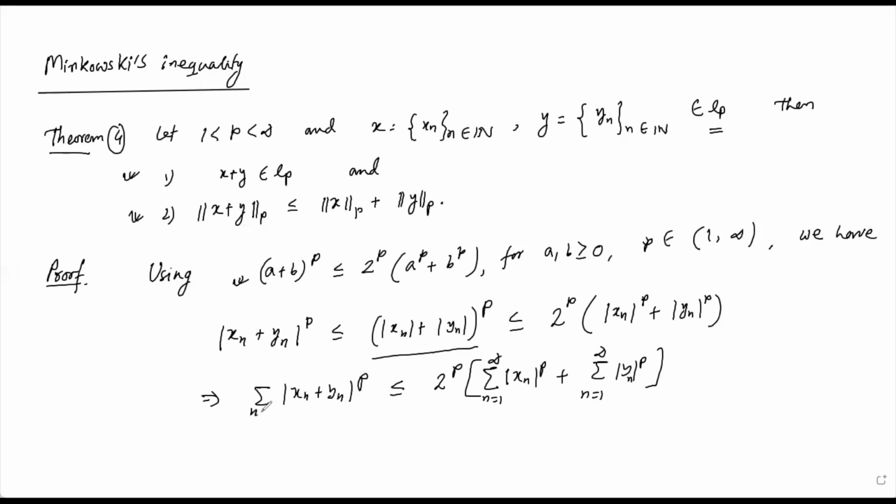The right-hand side is finite, and this is also finite, so the right-hand side is less than infinity. Hence x plus y, which is the sequence (x_n plus y_n), is in l^p. Okay, so this proves the first item. Now we prove the second item.